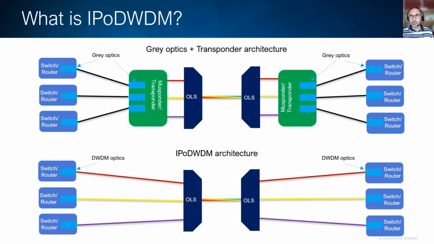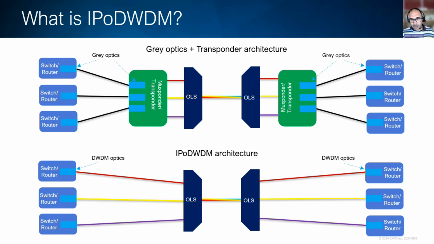With the IP over DWDM approach, DWDM optics is plugged directly into the IP network element, which could be a switch or a router. So the consequence is that with this new architecture, IP and transport network are kind of merged together. This, of course, enables significant CAPEX and OPEX savings.